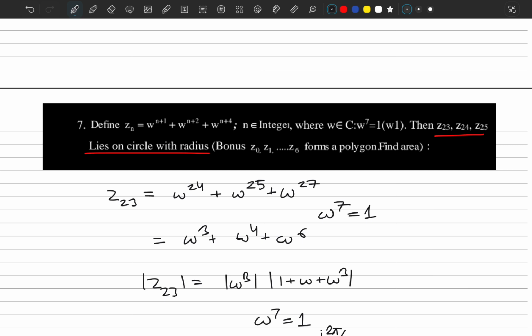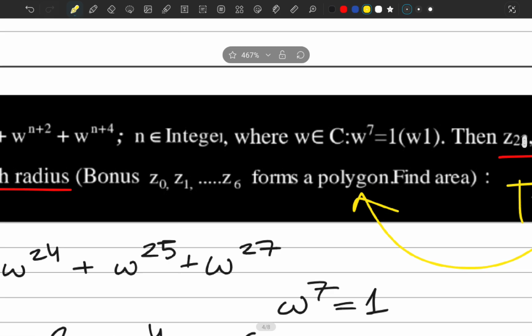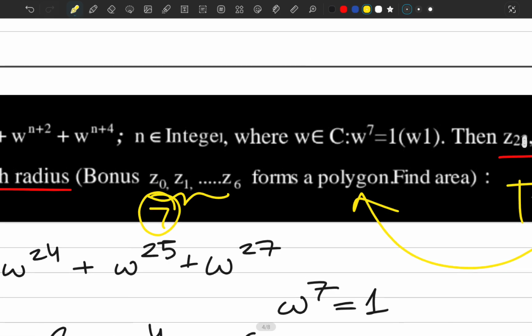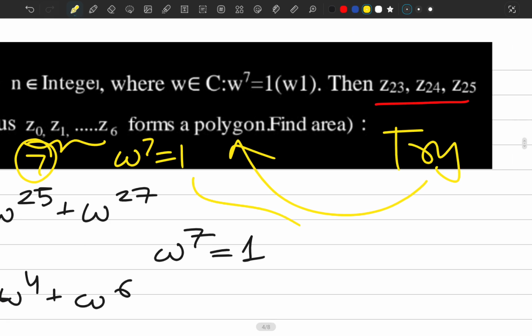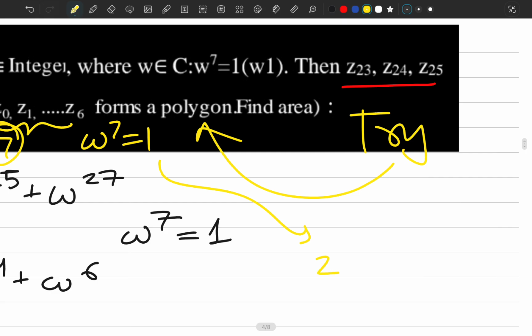Okay, yes. So you can also try this yourselves. This is easy, right? These are 7 complex numbers and omega 7 is 1. So if omega 7 is 1, zn plus 7 would also be equal to zn.